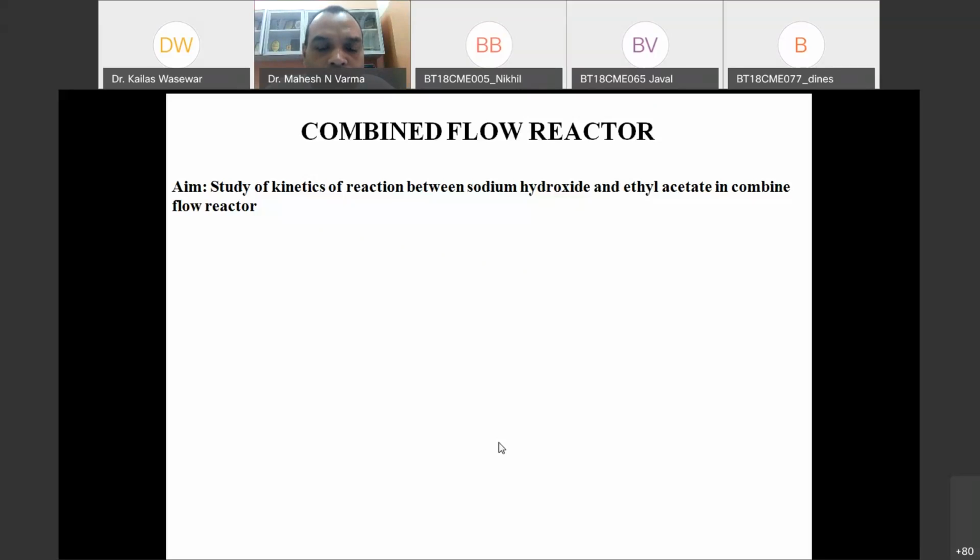If not, if the situation does not improve and goes bad because of COVID-19, then we need to work with virtual experiments itself. So virtually we have designed something for this combined flow reactor only. So this is what we are going to start. We'll complete everything in this virtual experimentation CRE lab.